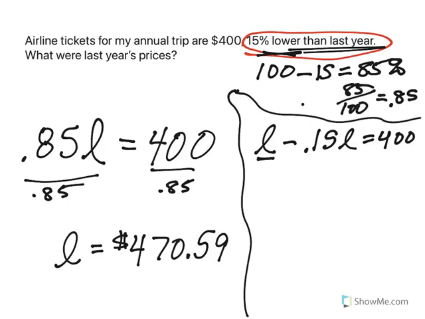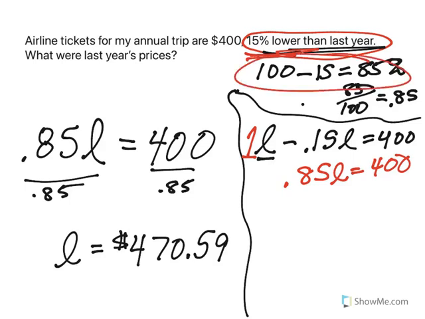Now, if you do this, last year's minus 15%, because that's the decrease, when you subtract 1L minus 0.15L, you get 0.85L, which is exactly what we did in method 1. So whether you think about subtracting it from 100 to begin with, or you think about taking last year's and then subtracting, you get the same thing, where last year's ticket prices were higher.